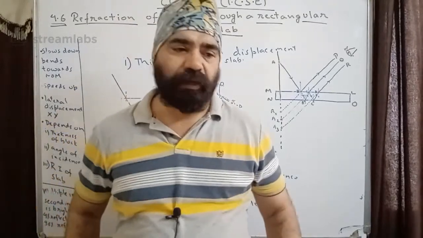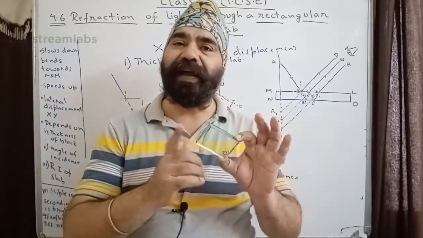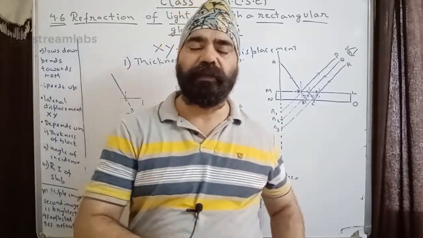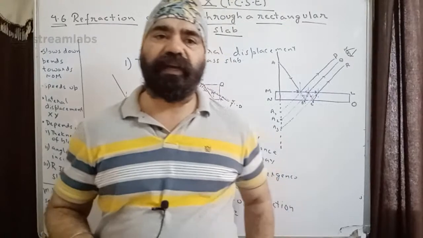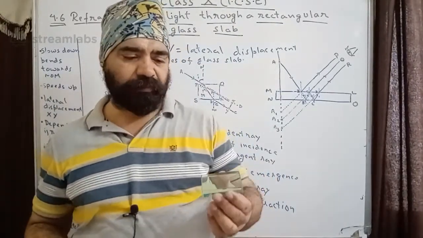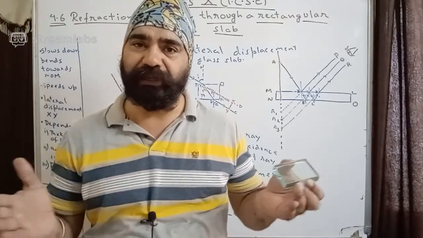The final thing now, it depends upon the refractive index of the glass slab, which means if it has greater optical density, then it will have a greater refractive index and the lateral displacement will be greater.